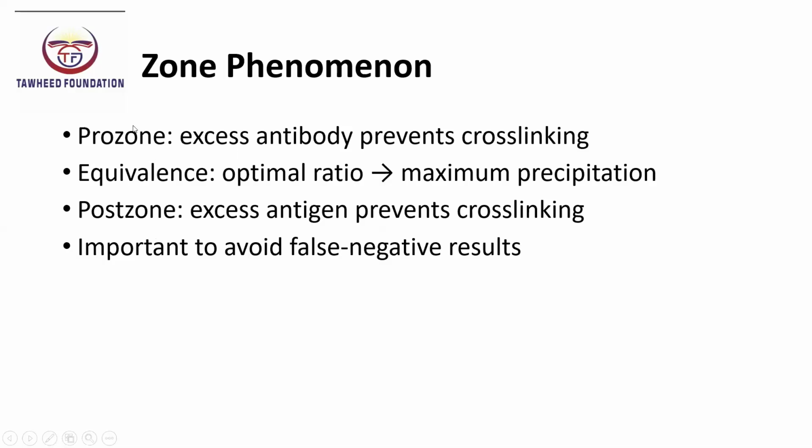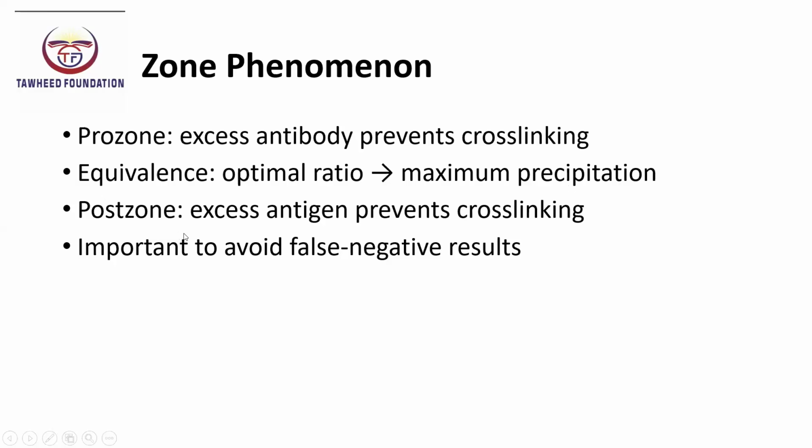In the prozone, there is an excess of antibody which prevents the proper cross-linking of antigen molecules, resulting in no visible precipitation even though antigen and antibody are both present. In the equivalence zone, the antigen and antibody are present in optimal proportions, allowing maximum lattice formation and producing the greatest amount of visible precipitate.